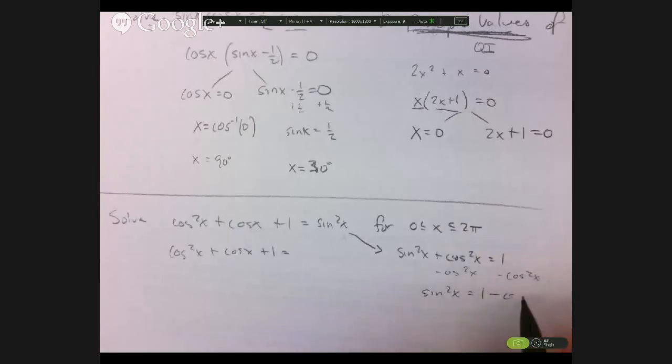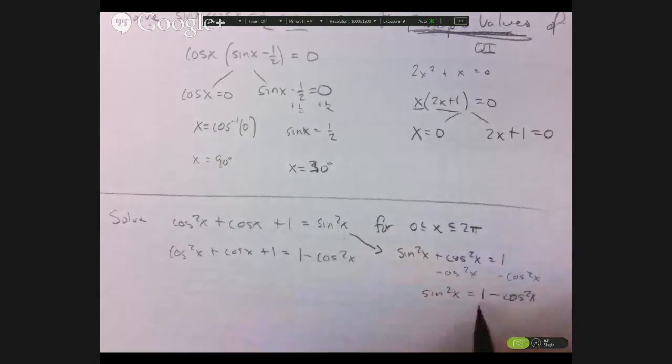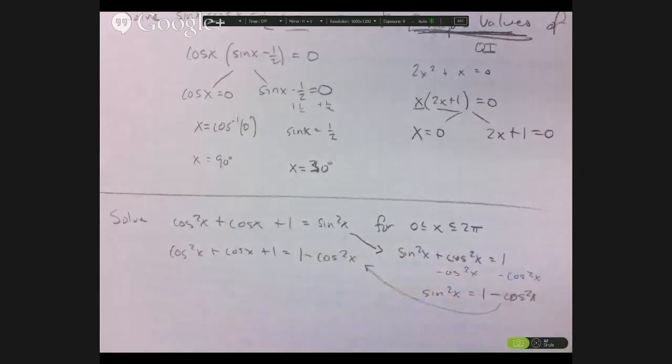One minus cosine squared, right? So I'm going to put that here. I get used to using that because it's going to show up again and again.